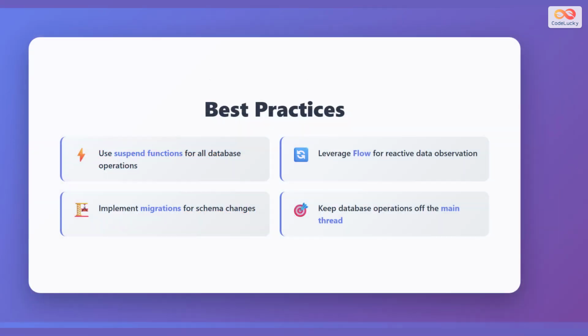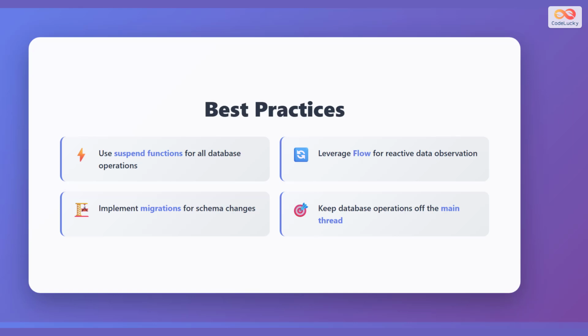Let's review some essential best practices for working with Room database. First, always use suspend functions for all database write operations. This ensures your app remains responsive by keeping lengthy operations off the main thread. Second, leverage Flow for reactive data observation. This allows your user interface to automatically reflect database changes in real time, creating a smooth user experience.